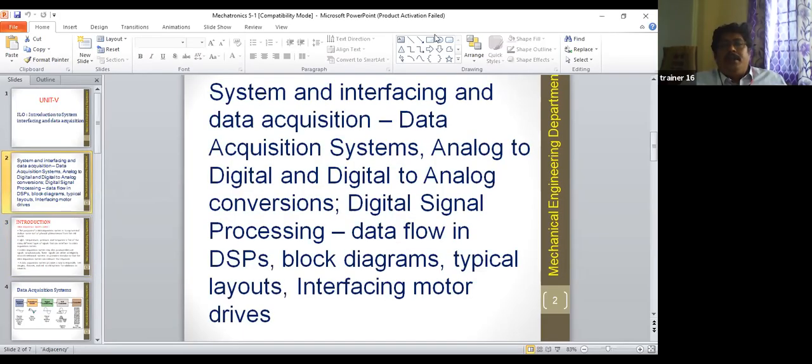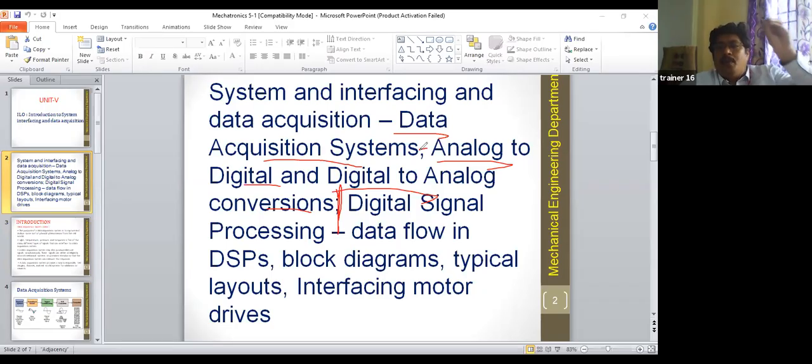See here in the data acquisition system, analog to digital and digital to analog. Today we have completed up to this. The data acquisition system also has signal conditioning. That means in signal conditioning, maybe amplifiers are there, filters are there, or attenuators are there.